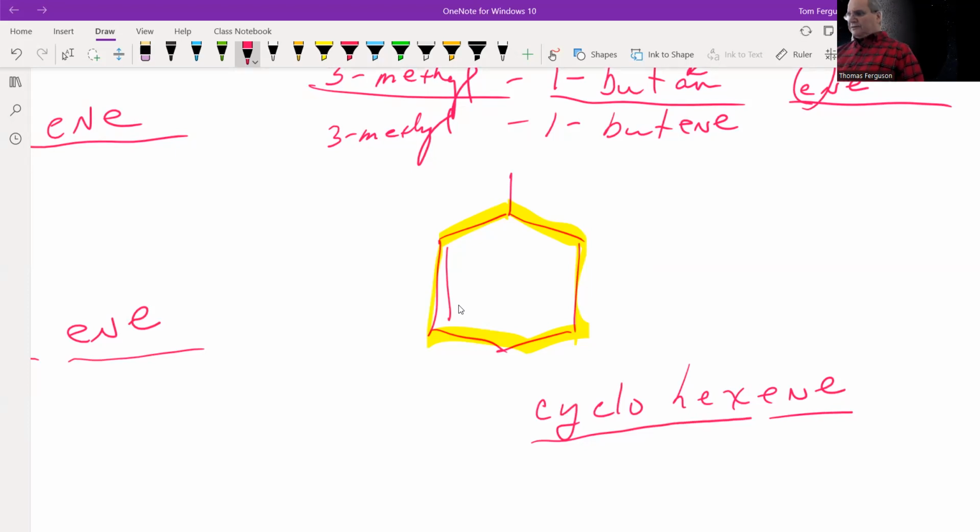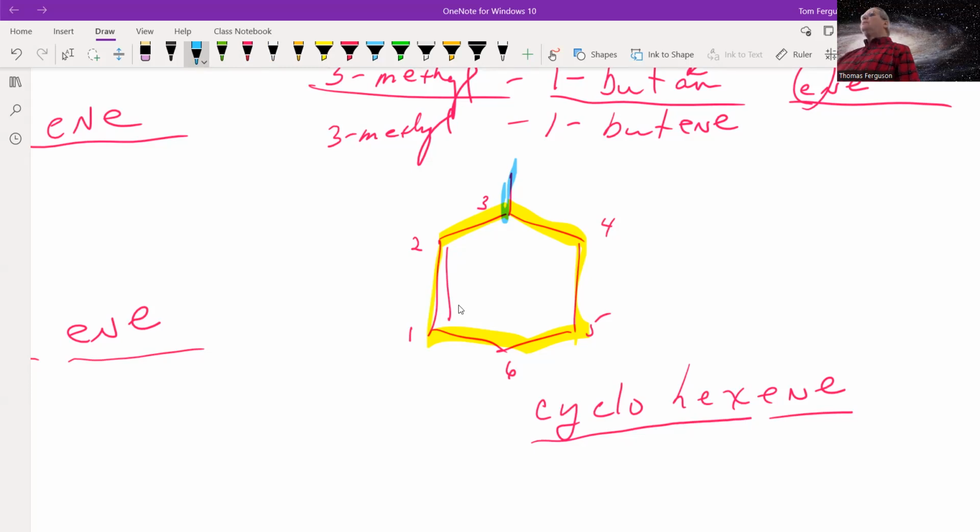And are there any branches? Right here. So how are we going to number this? Okay, well, you can number it 2 ways again. We can start down here and go clockwise, or we can go here.